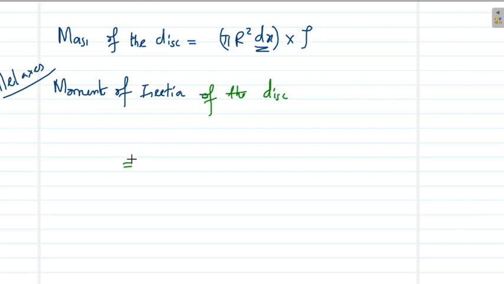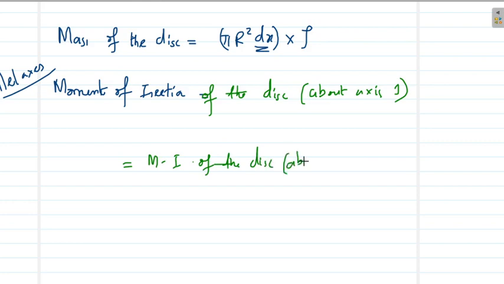So by using the parallel axis theorem, we may write the moment of inertia of the disk about this axis 1 equal to the moment of inertia of the disk about axis 2, which is the ICM value, plus the mass of the disk multiplied by the distance square, which is x square.